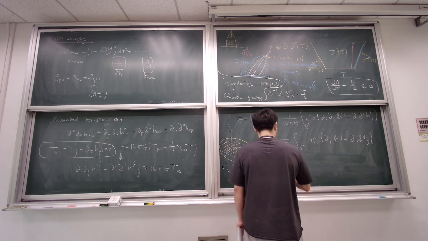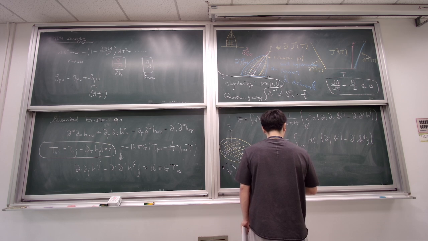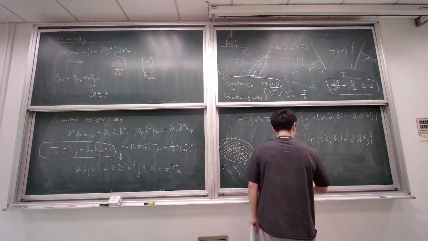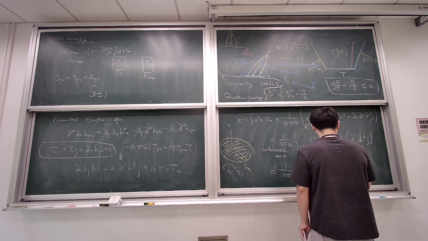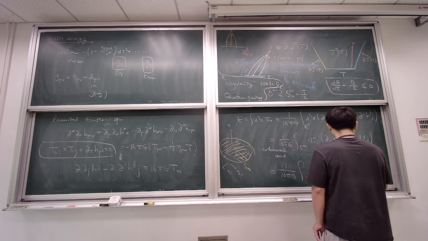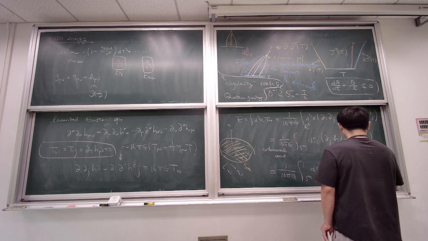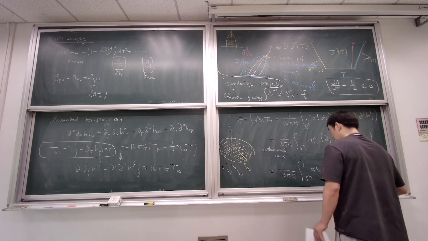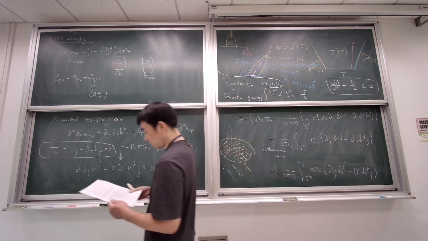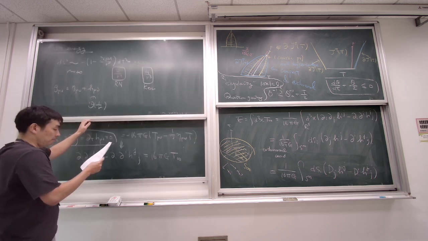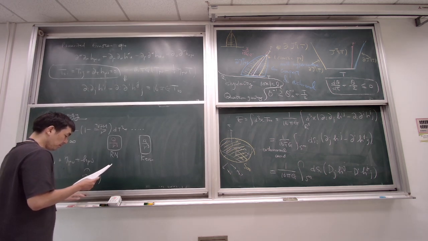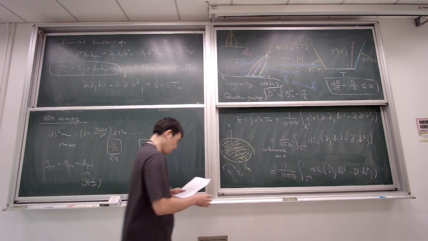For arbitrary coordinates, we change to d_i h_ij minus d_i h_jj, like this. You need to change it this way. And I'm planning to give you the example of the Schwarzschild case.